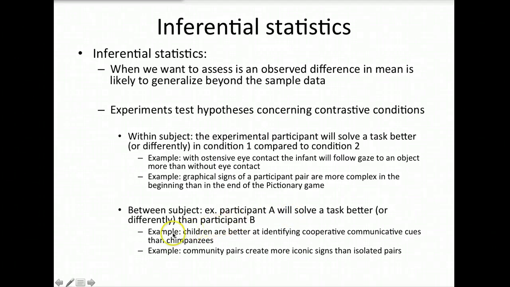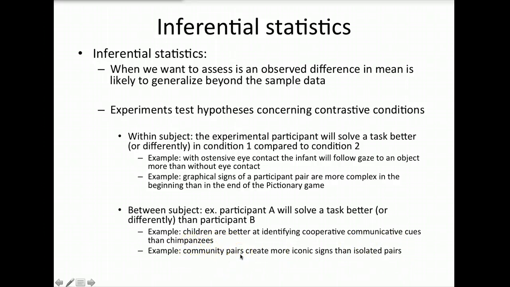So we have seen examples of that in comparative studies of children and chimpanzees, but also again in the Pictionary game, where we had the comparison between community pairs and isolated pairs. So there we have different people solving exactly the same task, but what we want to measure here is rather the effect of the fact that these people belong to different conditions.